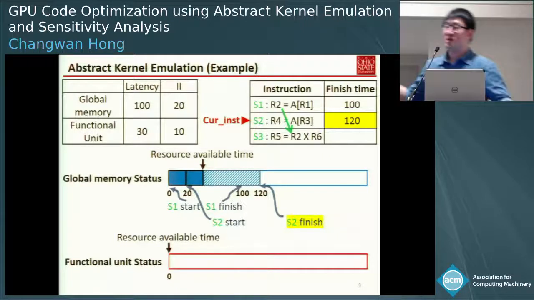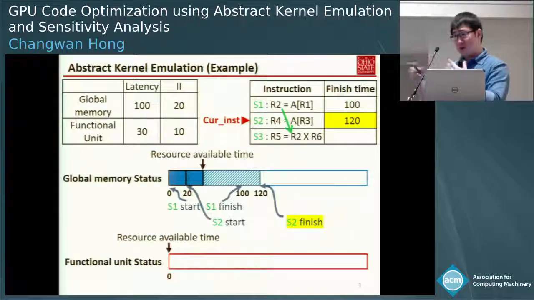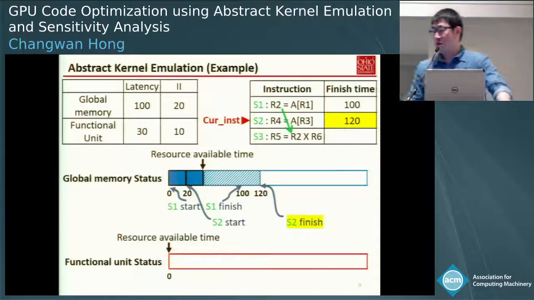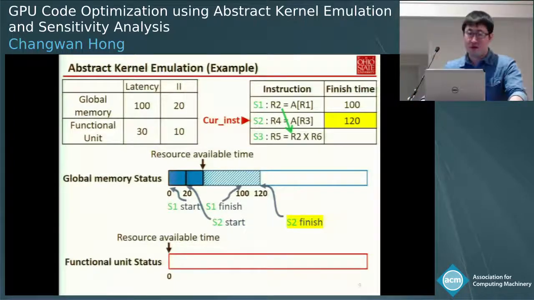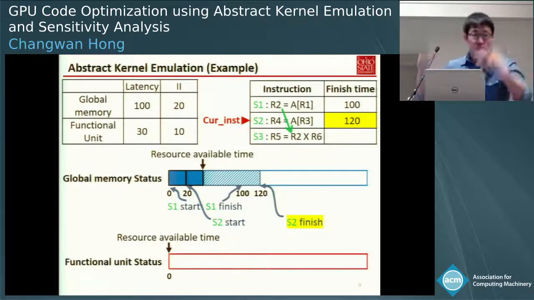You mean if this strategy is applied to some other architecture, then what happens? Is that your question? Yes. The title of your talk says GPU, so I was just wondering whether this is specific to GPUs. I think that is a very good question. Actually, I think this strategy of identifying and relieving performance bottlenecks can be applied to all architectures and platforms.